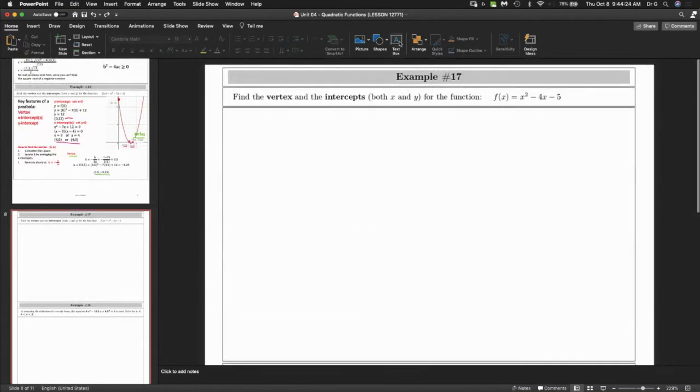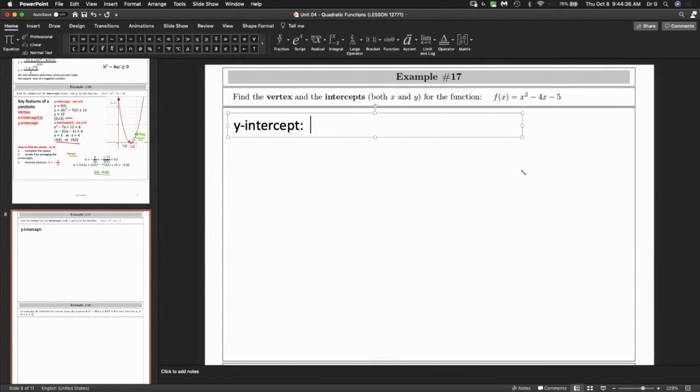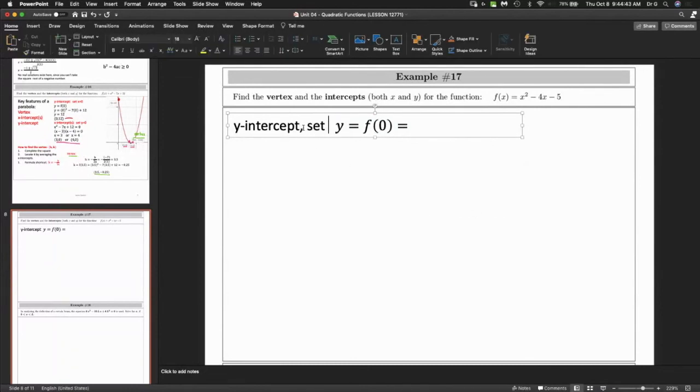And we can just practice getting the x-intercepts and vertex. So, question 17, let's go for the y-intercept. That would be y equals f of 0, because you make x equal to 0. So you get negative 5.